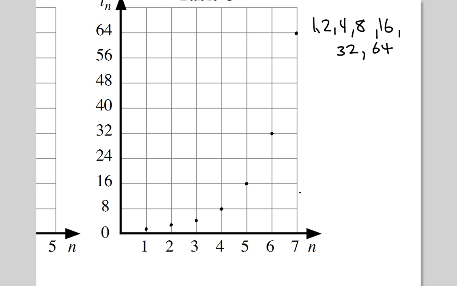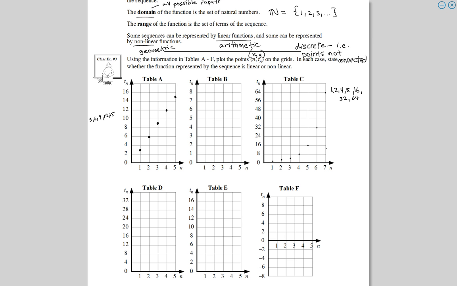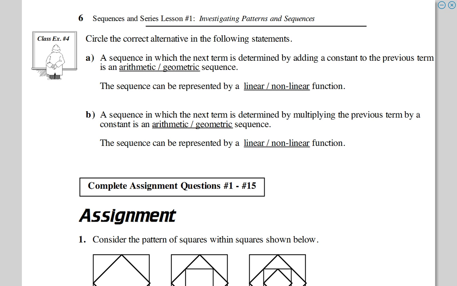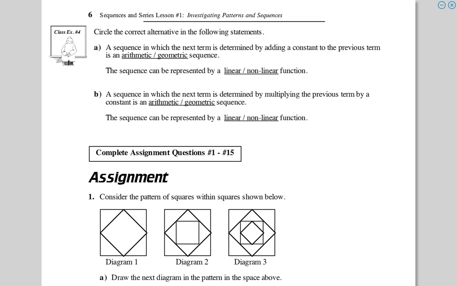Okay, so I think we're good with what the sequences look like as a function. So let's go to class example 4. It just says circle the correct alternative. All right, so a sequence in which the next term is determined by adding a constant to the previous term is arithmetic.